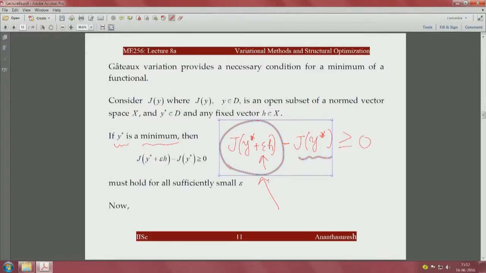So, what we have, what is encircled now, we divide into 0th order term which will be j y star itself, right, and then we will have the first order term, and then we will have second order and others, what we write O2, right. So, j y star cancel. So, it all depends on this thing, right. So, that is what we will get to and show that this is nothing but Gâteaux variation.